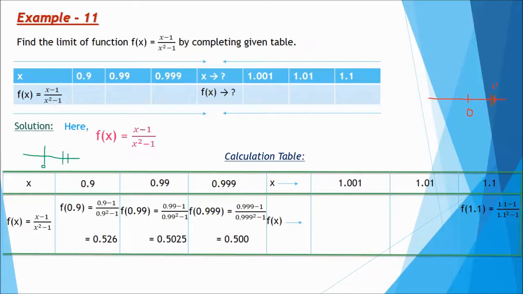If it lies here, then 1.99 will be closer, and 1.999 even closer. So we start from the distant value and come closer and closer. So let's continue. Now the value will be 0.4761.